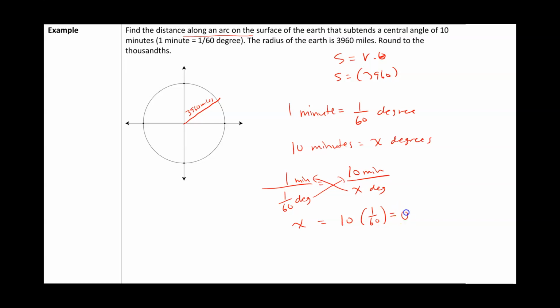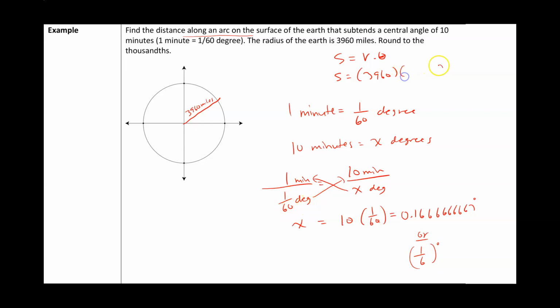If you multiply 10 times 1/60, you're going to get 0.166666667. It's 6 repeating, so I can just put that at 0.7. Or if you want to keep this as a fraction, you can just keep this as 1/6. But this is in degrees. This is in degree form, not in radian form, because look, it says 1/60th of a degree.